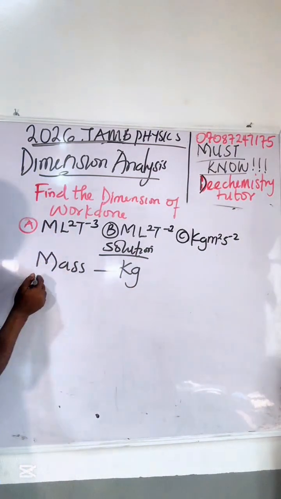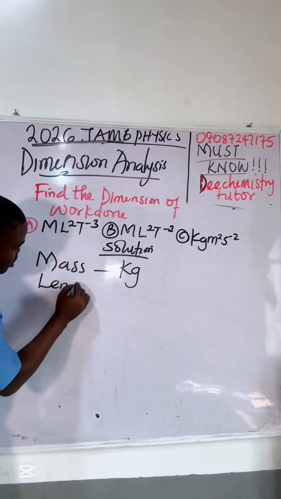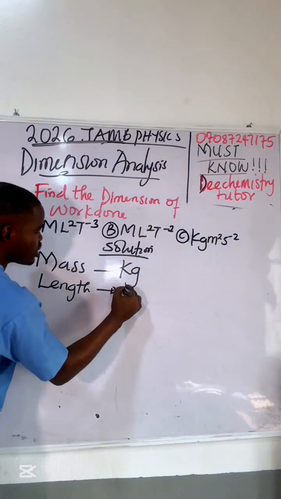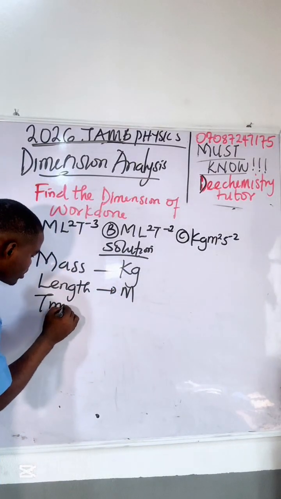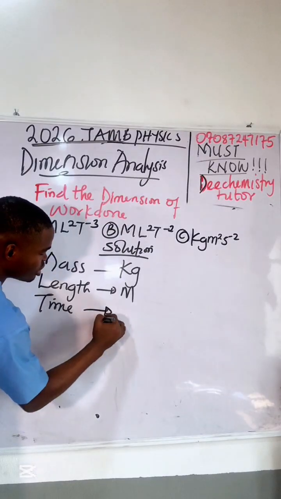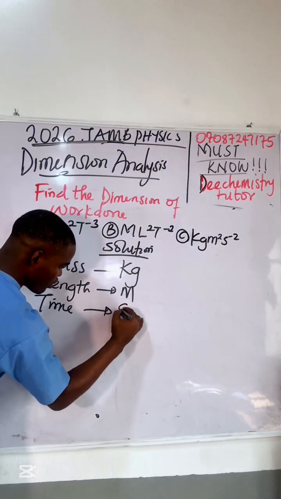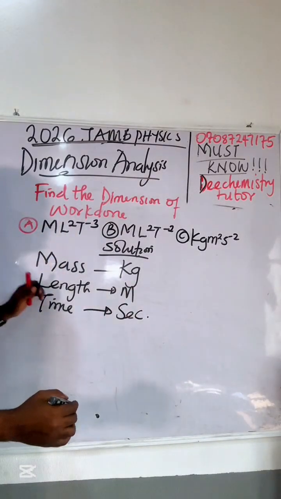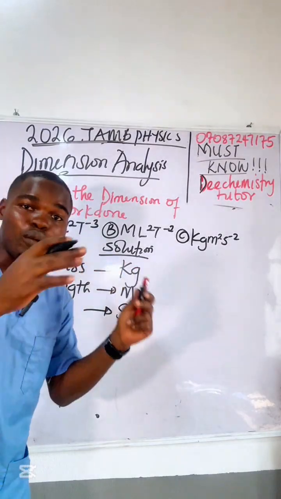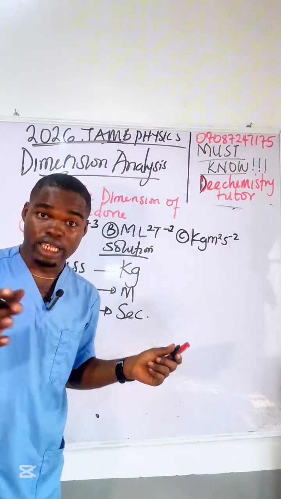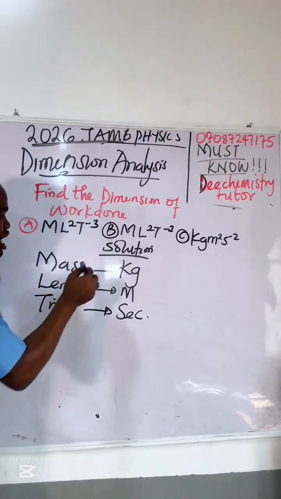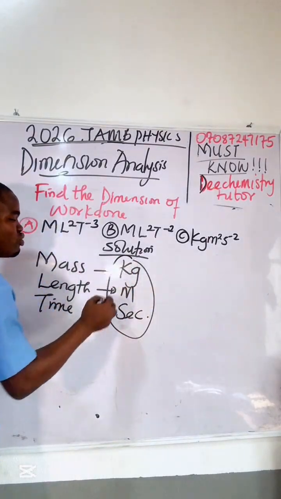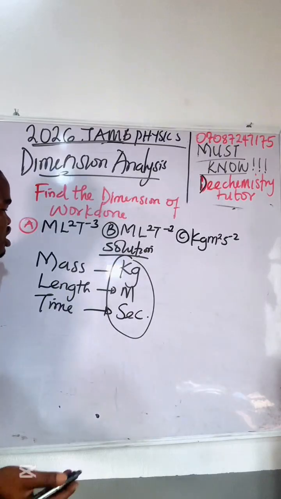In terms of unit, the SI unit of length is the meter, and the SI unit of time is the second. These are the fundamental quantities, and there are derived quantities. But the concept here is not about that. These are units, and they are not what we use in dimension analysis.